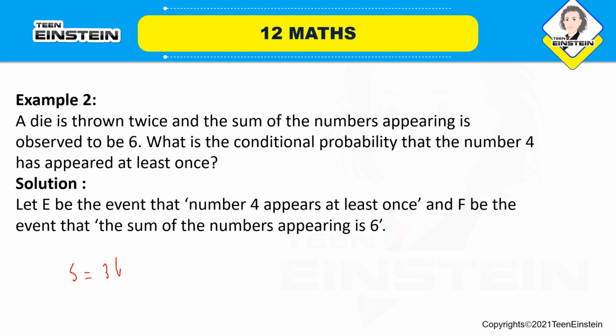What is given? Sum of the numbers appearing on the die is observed as 6. What is the conditional probability that the number 4 has appeared at least once?